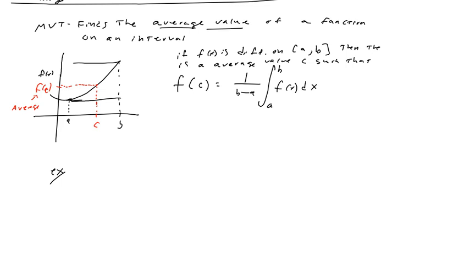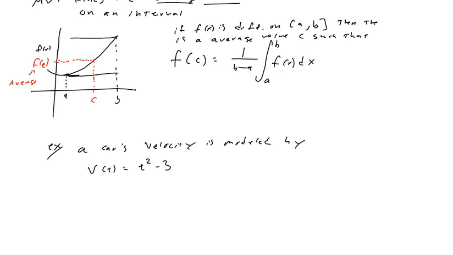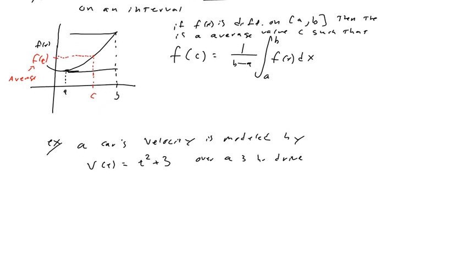Let's say a car's velocity is modeled by the equation v of t is t squared plus 3, over a 3-hour drive.